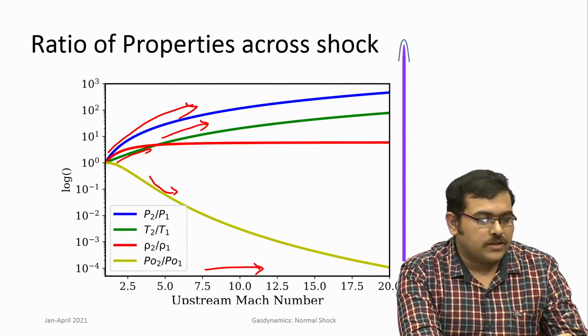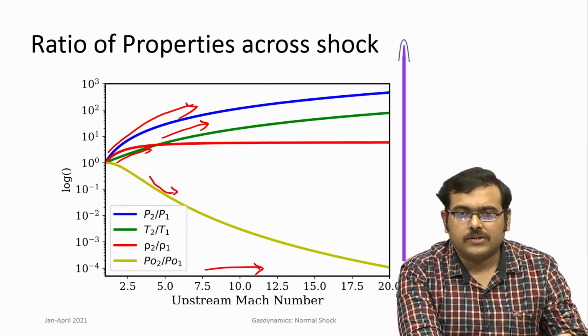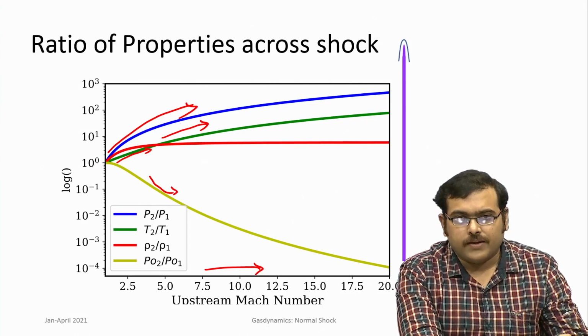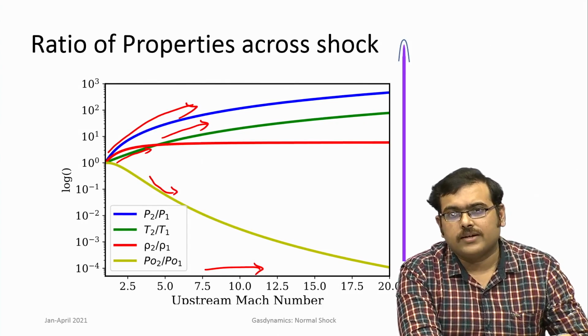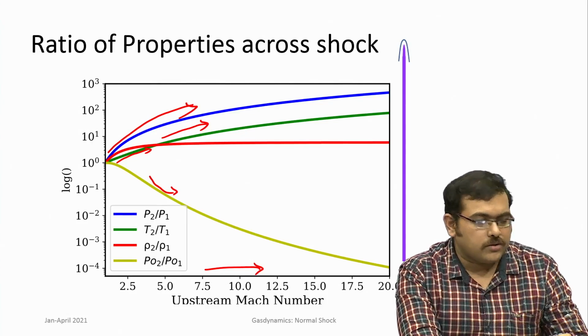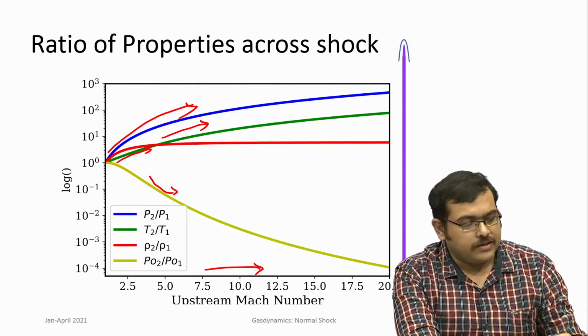In order to achieve such high pressures and temperatures, it is not very easy to do it in an isentropic compression, because isentropic compression cannot increase temperature. When temperature becomes important, enthalpy becomes important. Isentropic compression does not give that high enthalpies.